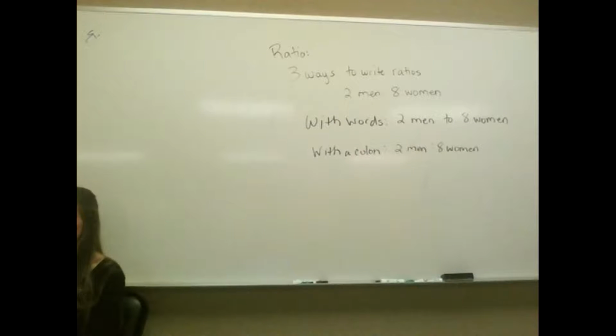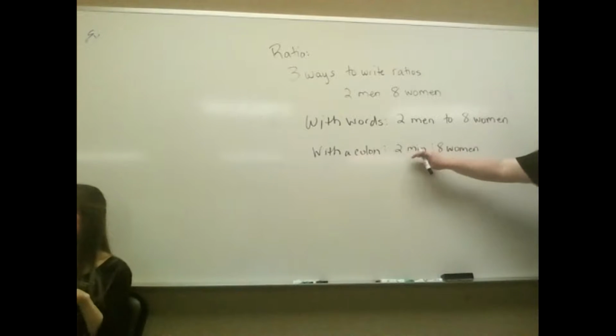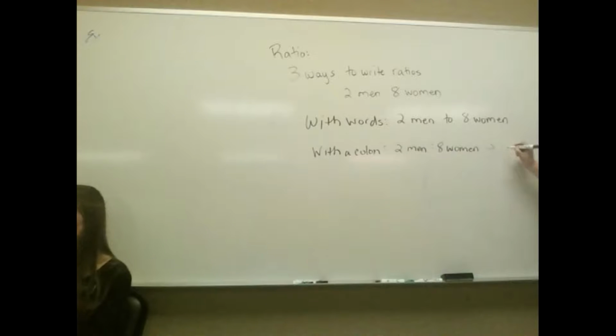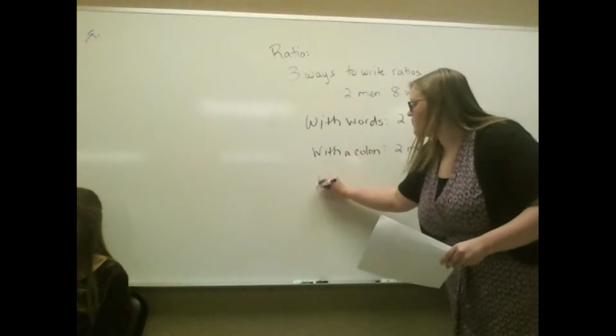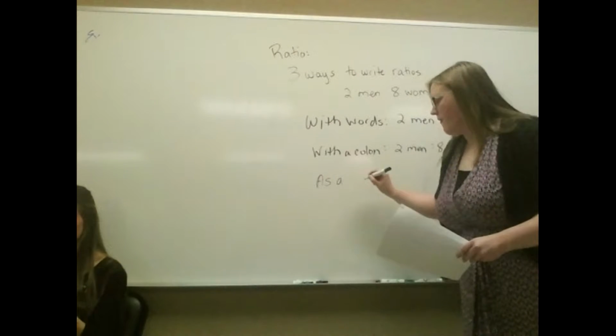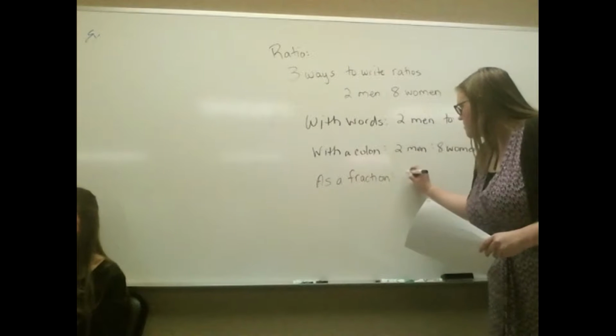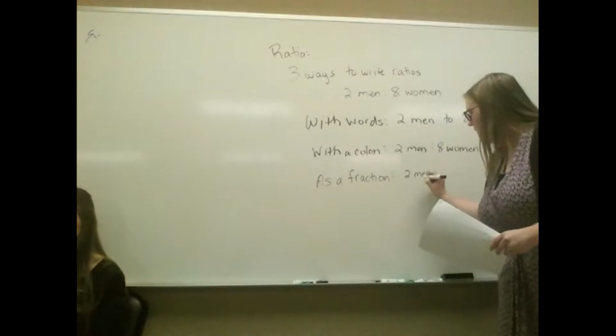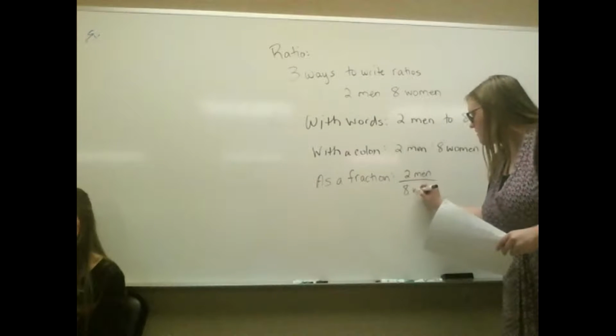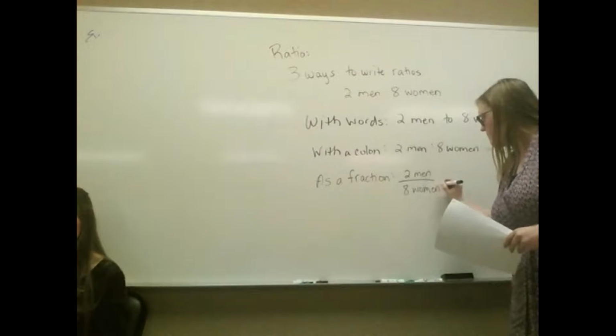It's also common to see them leave off the words and just write 2:8. So if you see that, please, that's the same thing. And you can write it as a fraction. So 2 men to 8 women.